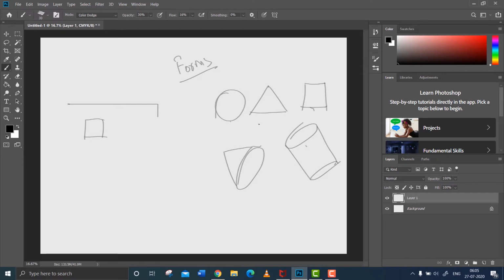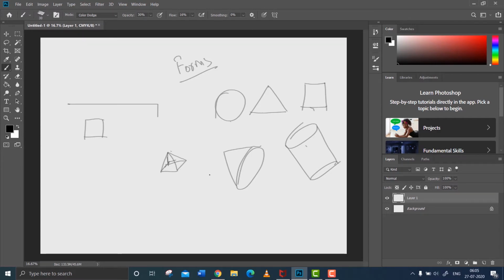Then we combine a triangle and a square. We get a pyramid. Pyramid is nothing but a square or rectangle for a base and three lines converging to a point. Four lines converging to a point. We cannot see the fourth side if it's a solid pyramid.